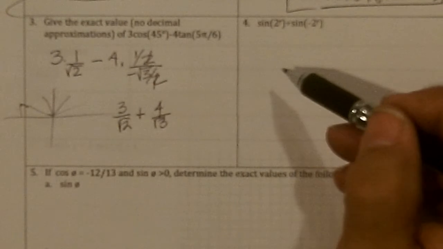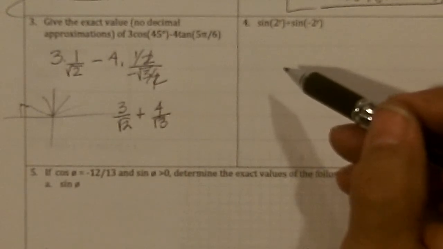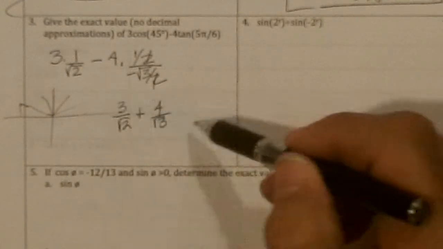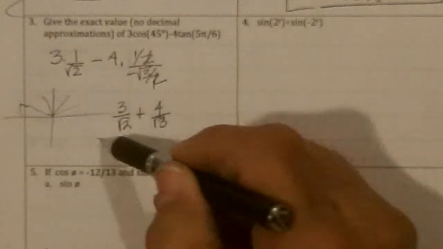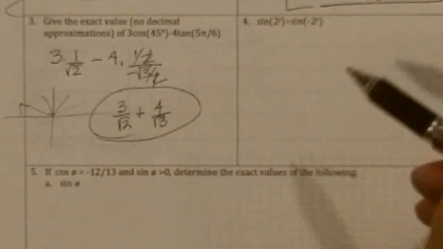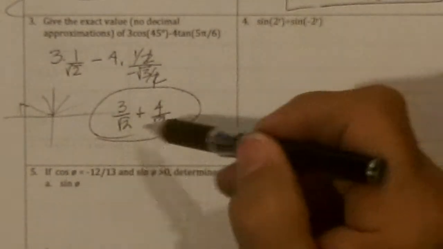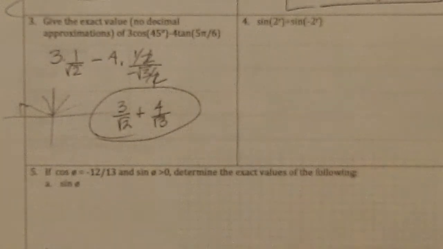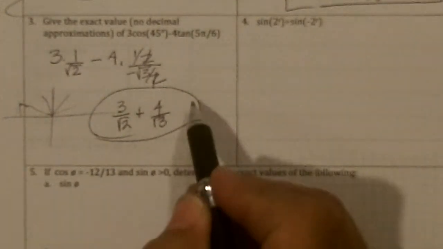And now I could get a common denominator by multiplying by the square root of 3 here and the square root of 2 here, but that would be good enough for me, just like that. That's exact value. I cannot use the decimal, I can't use the calculator and get decimals with it, because I said no decimal approximations. If you're able to rationalize that, let me go ahead and do that.